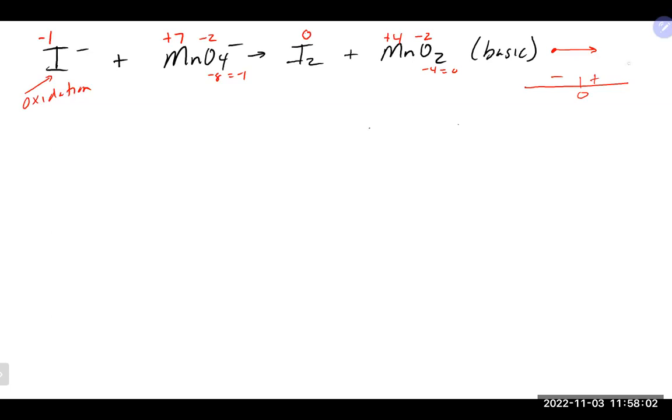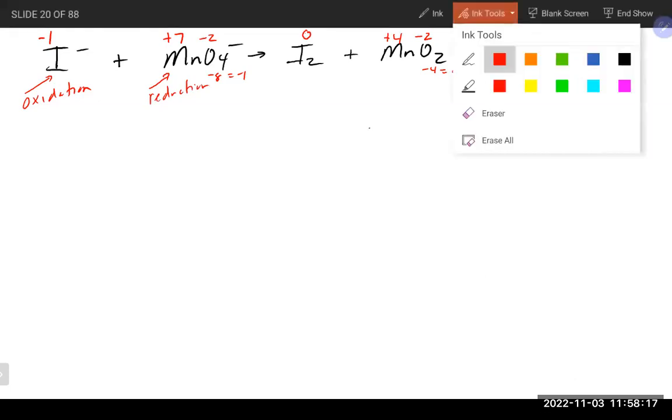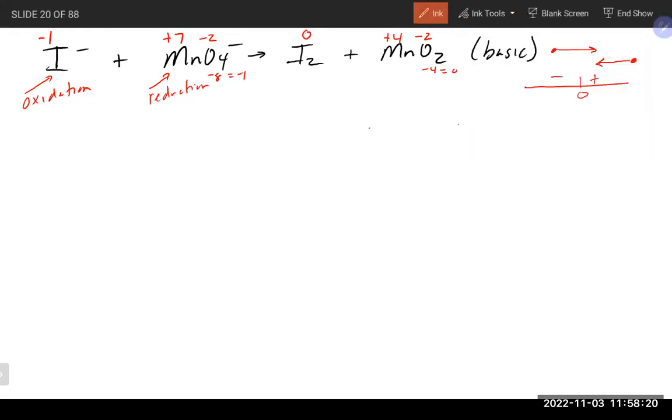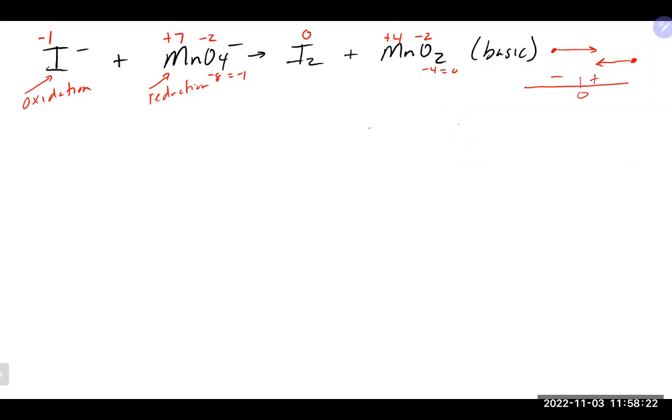The Mn is starting at +7 and it's ending at +4, which means it's actually moving in the negative direction, which because it's becoming more negative, it is going through reduction. That also means that the I minus here is my oxidizing agent or reducing agent. This would be my reducing agent, right? Because it is getting oxidized. The Mn here actually is our oxidizing agent.